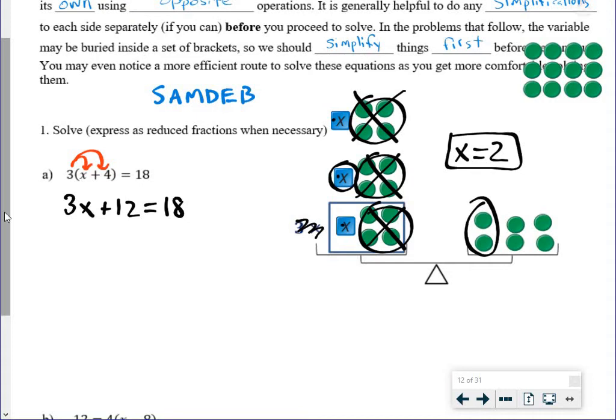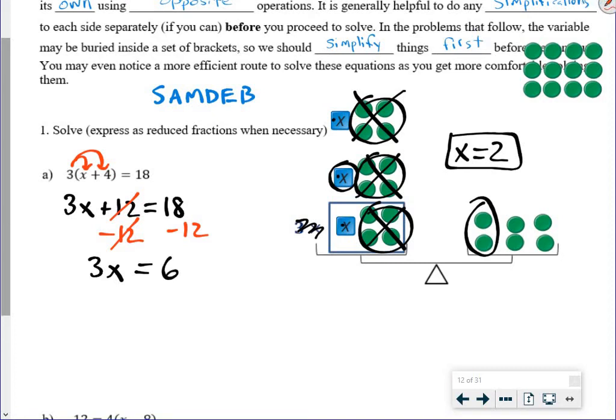We want to get x on its own, so it would be helpful to get rid of that 12. I subtract 12. Okay, maybe I won't write that over bar just so that we don't accidentally divide. Subtract 12, subtract 12. 12 minus itself is 0. So we have 3x remaining on the left, and 18 minus 12 is 6.